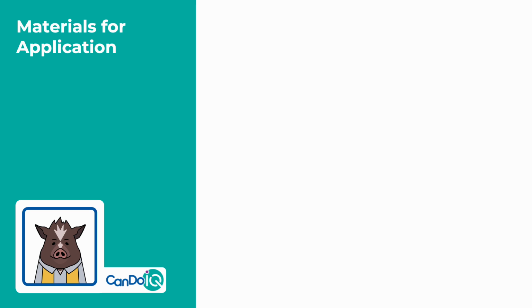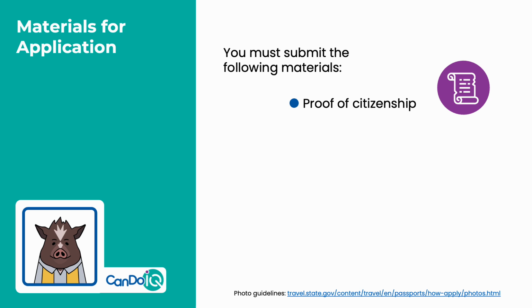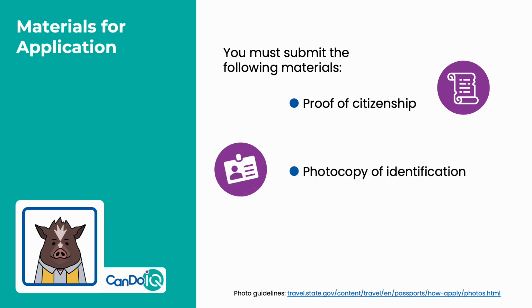To apply for a passport, you will need to submit an original or certified proof of citizenship, such as a birth certificate or certificate of citizenship. Next, you will need to submit a photocopy of one form of identification, such as a driver's license, learner's permit with a photo, or a certificate of naturalization or citizenship.